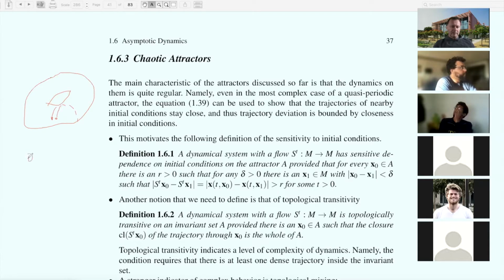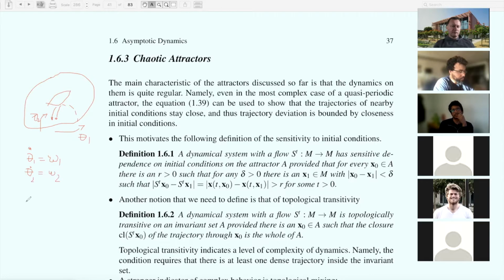the dynamics is defined by the pure rotation dynamics on the circle: theta 1 dot is equal to omega 1, and in the other direction, theta 2 dot is equal to omega 2.